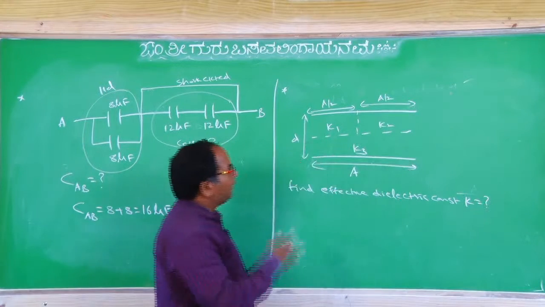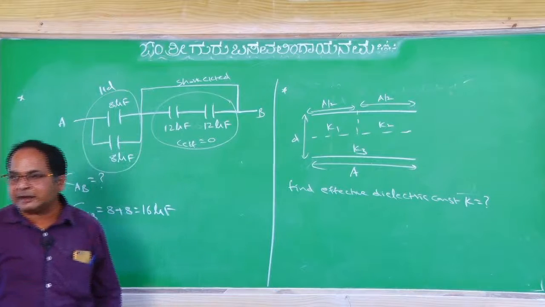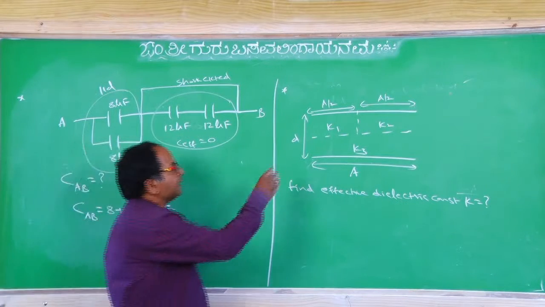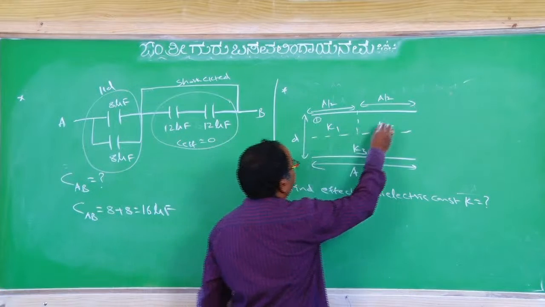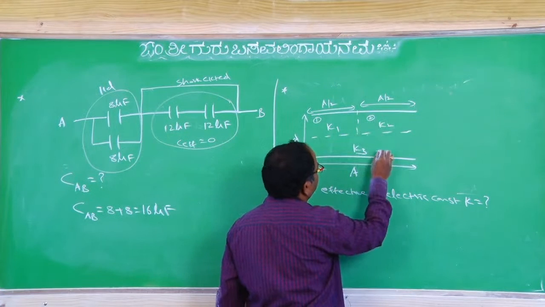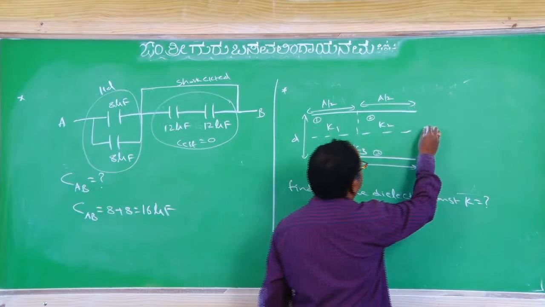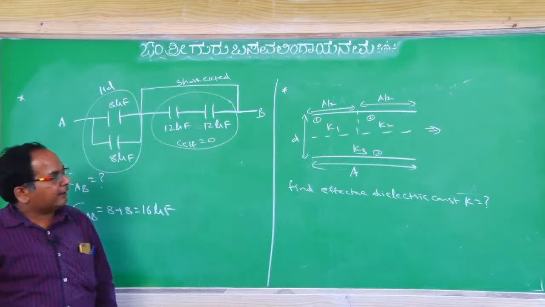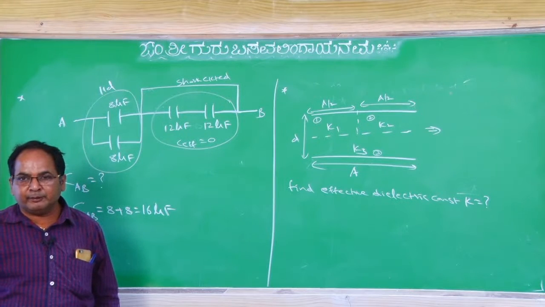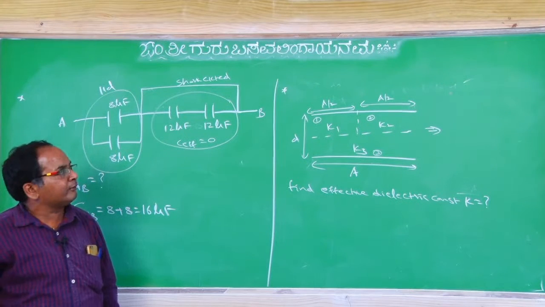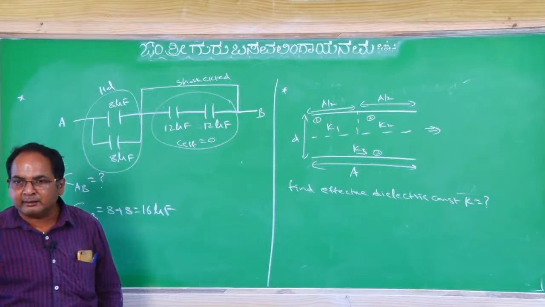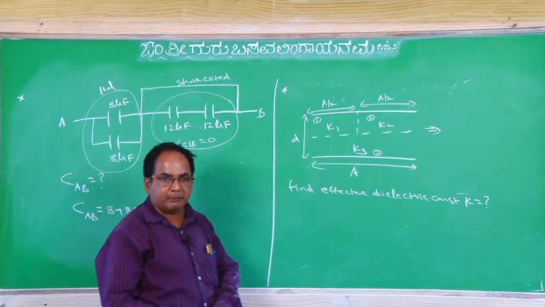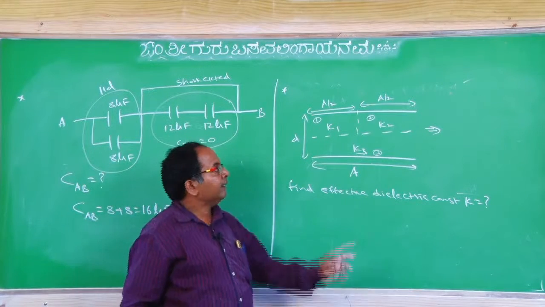Okay. Here how many capacitors are there? 3. Okay. This is considered the first capacitor, this is considered the second capacitor, and this is considered the third capacitor. In this, try to tell any combination, parallel combination or series combination, we should first consider parallel combination. Observe carefully there. One problem done means the remaining is easy.